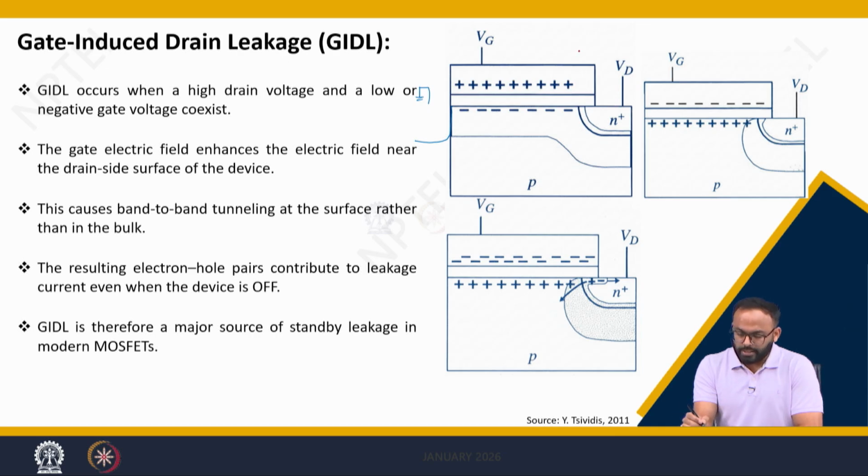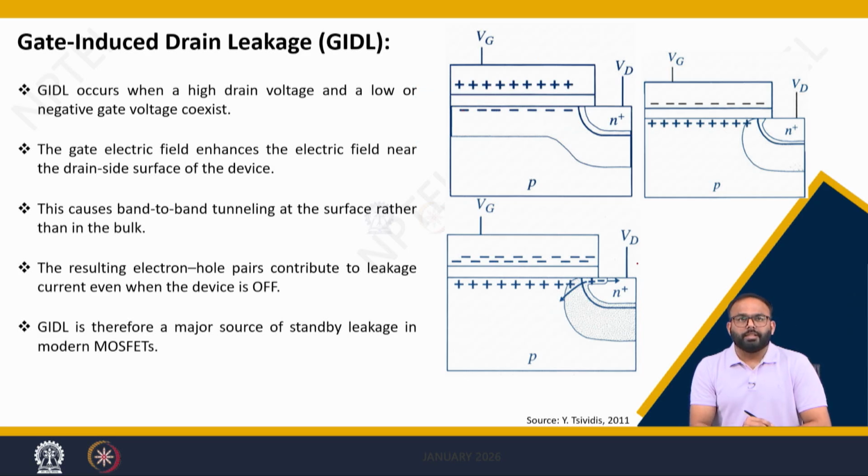So, let us consider a simple operation when VDS is kept low and you are applying a positive gate voltage. Because of a positive charge Q at the gate, there will be a negative charge at the body, right. And we are considering that the depletion region is uniform throughout this.